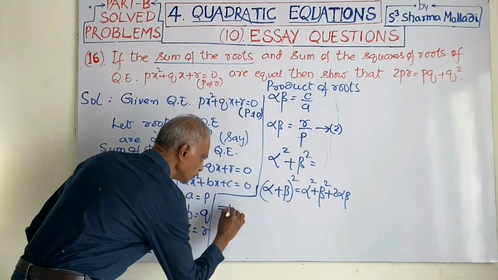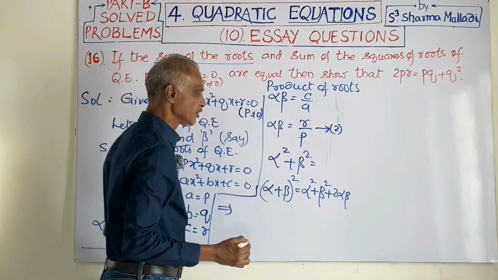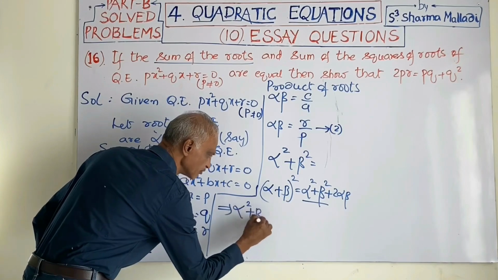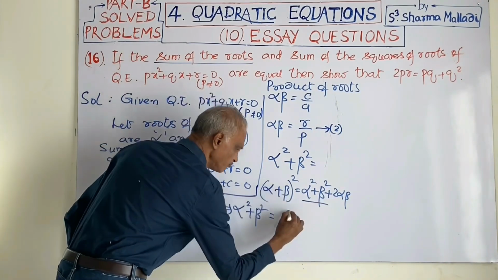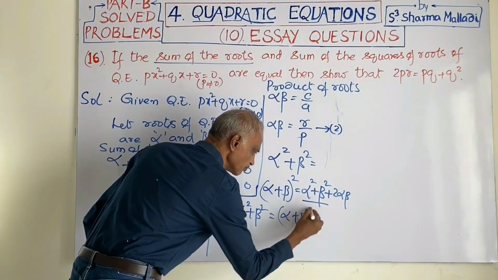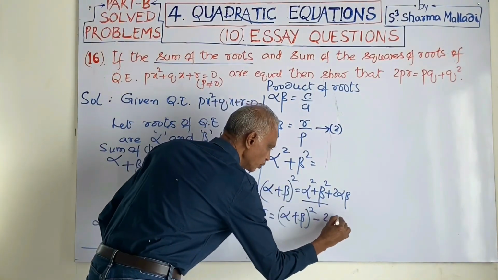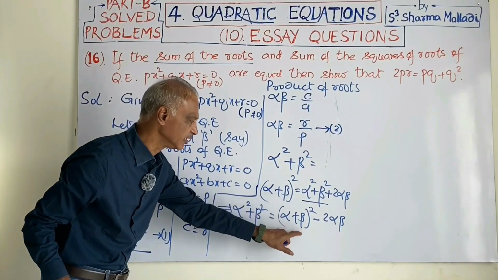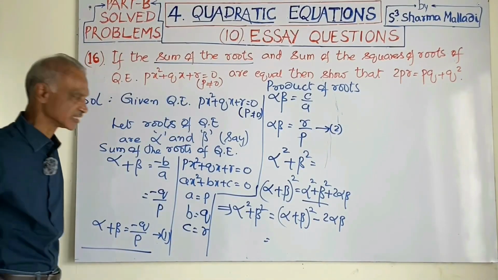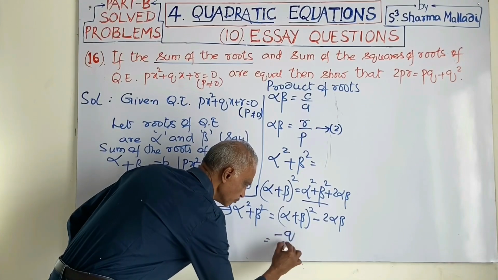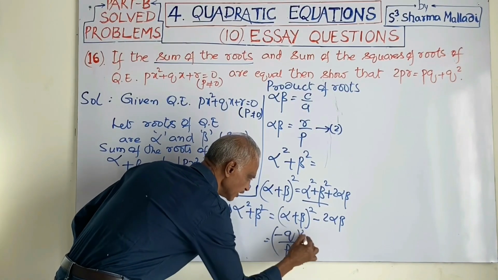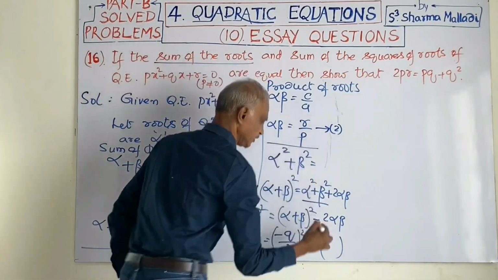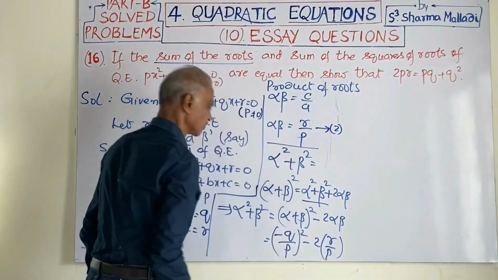So alpha square plus beta square is equal to alpha plus beta whole square minus 2 alpha beta. You know alpha plus beta is minus q by p. Substitute minus q by p whole square minus 2 times the product of the roots, alpha into beta, that is r by p.